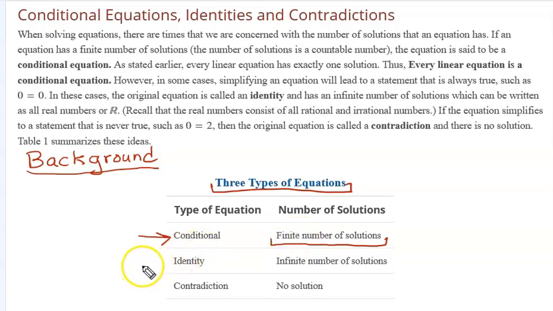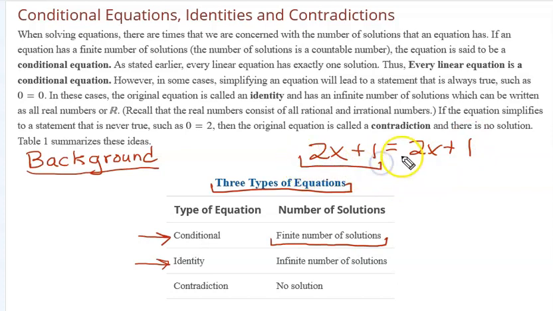Now, for the identity, and again, you're going to write the word down, identity, and I want to show you what an identity is. So take this down as well. 2x plus 1 equals 2x plus 1. Now notice what's on the left side is the same that's on the right side. So this is an identity. Now if you subtracted 1 from both sides, you would then have 2x equals 2x.